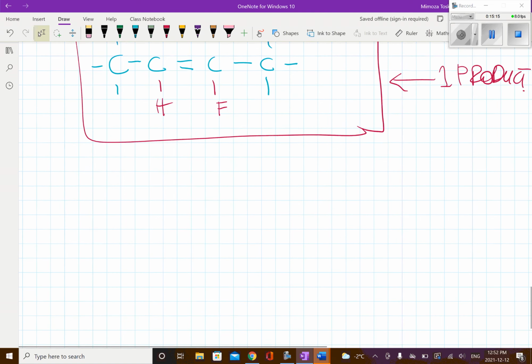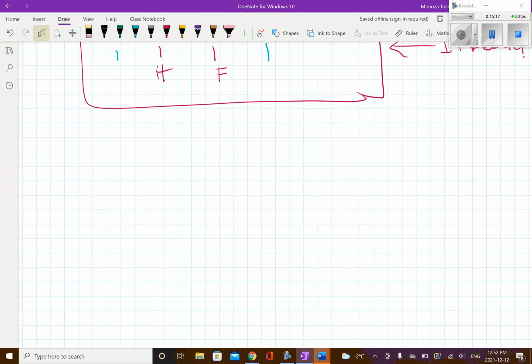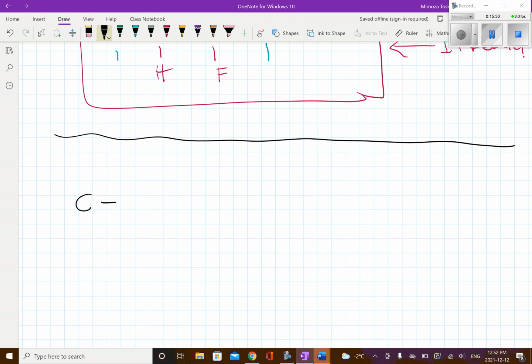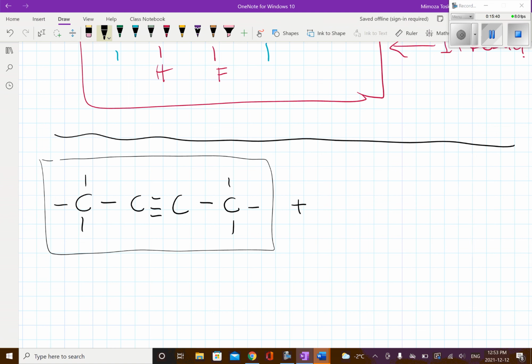But let's take a look now at an addition reaction that is kind of the same thing, but now instead of one molecule of, let's say, Cl2, we have two molecules of Cl2. So when we start with that, it will be 1, 2, 3, C, C, and then 1, 2, 3, 1, 2, 3. This is the first reactant, and now we have two molecules of Cl2.